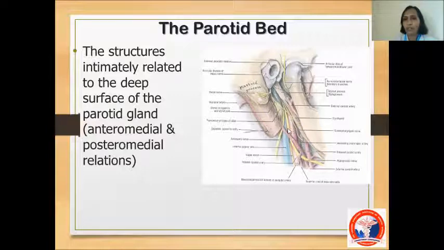Between the two vessels, the internal jugular vein and the internal carotid artery, runs this hypoglossal nerve. The nerve running posteriorly from the two vessels is the accessory nerve, or the 11th cranial nerve. So these are the structures which form the parotid bed.